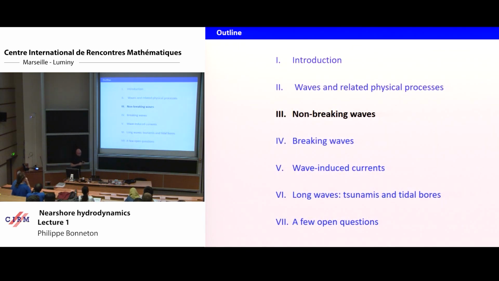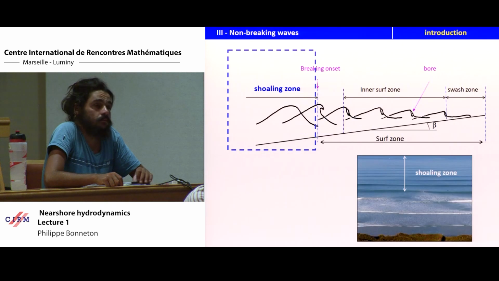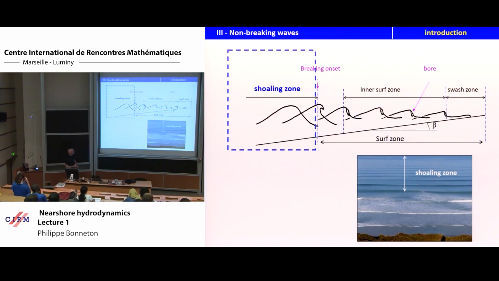So after this brief presentation of waves and related physical processes, I will now discuss modeling of non-breaking waves. Remembering this schematic representation, we have the shoaling zone and the surf zone.